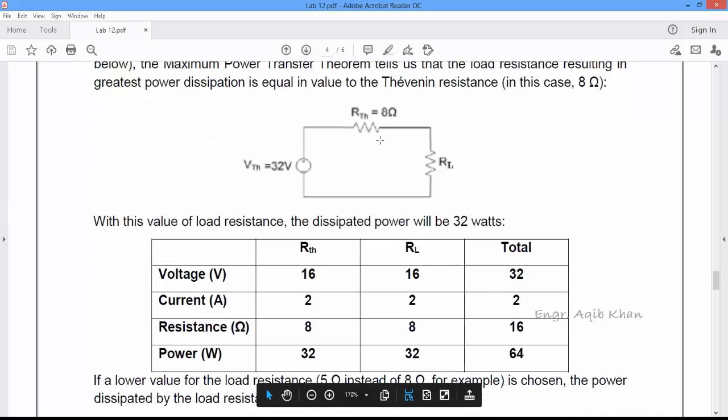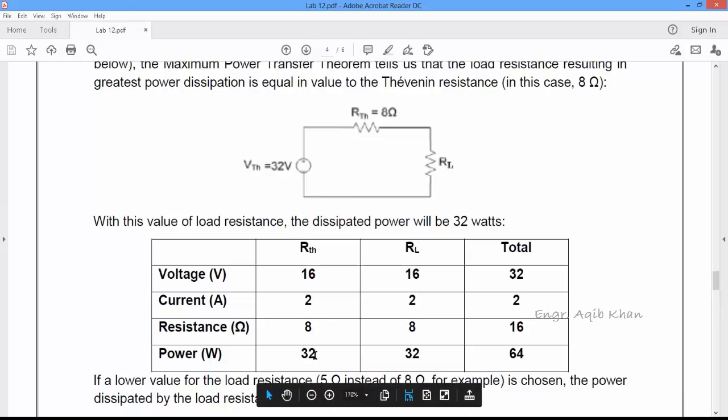For example, R Thevenin is 8, RL is 8 and V Thevenin is 32. Then VL across RL is 16 volt and across R Thevenin is also 16 volt. And current is V Thevenin divided by R Thevenin plus RL, which is 2 ampere.